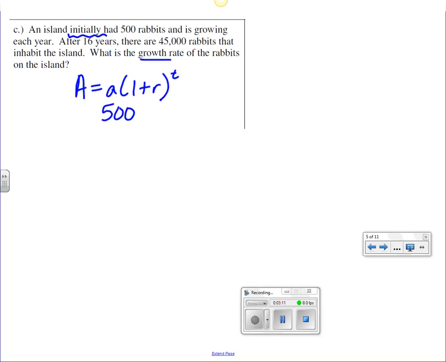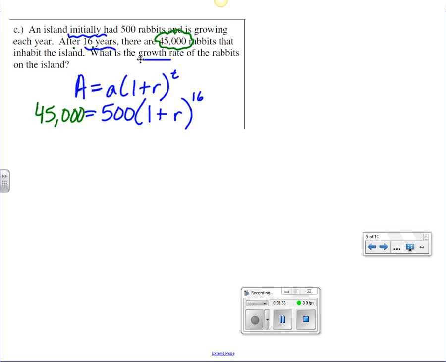This is your initial amount, so 500. 1 plus, do we know the rate? No, we don't, because it's asking for the rate, so we're going to put an r. t stands for time, so it's been 16 years. And there's one other number that we haven't used yet, and that's 45,000. That's how many there are after the 16 years, so that actually goes on this side.